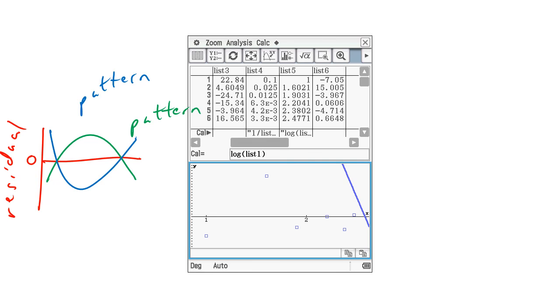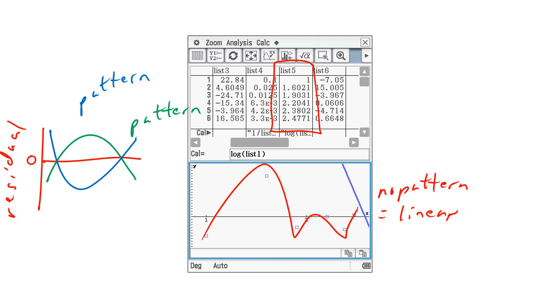And remember, pattern is bad, because pattern means you haven't got a good transform going here. But if we look here, we're going zigzag, zig. All right, that's not a pattern. So no pattern equals linear.